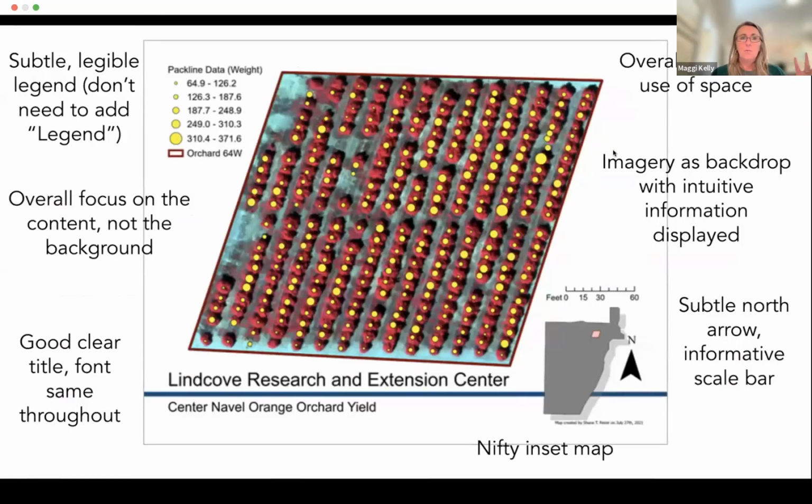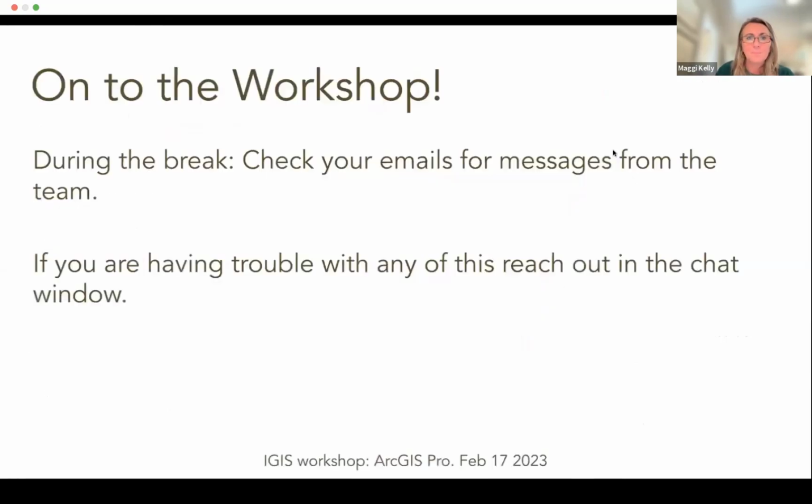You can work on the legend, you can get the overall balance and focus right. You can put in a nice inset map. You can have your typography all very harmonious. So it's just a reminder to pay attention at all steps of the GIS workflow. Think about your data, think about your analysis, and think about your product output.